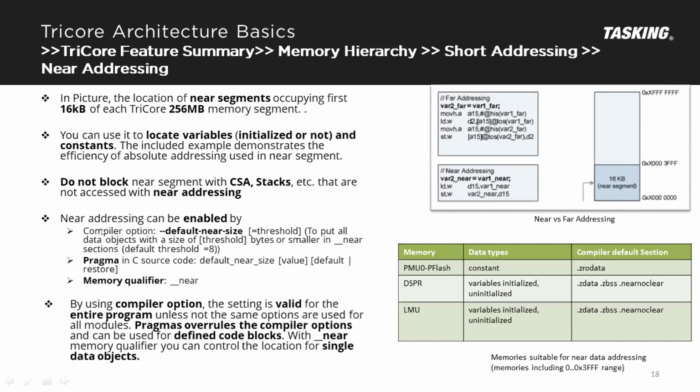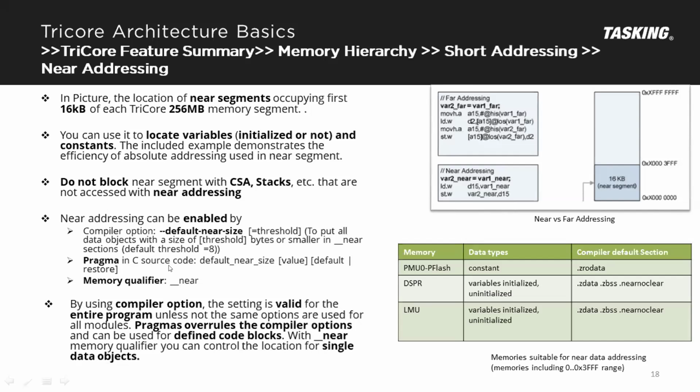Let's see what the differences between these options are. The first one is called default near size. This is applicable for your whole application, so if you want to apply a fixed rule for your whole project, you could use this compiler option. If you want to apply it only for certain code modules, you could use the pragma section.